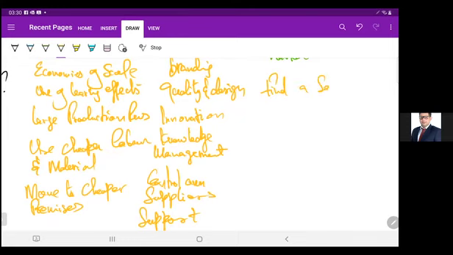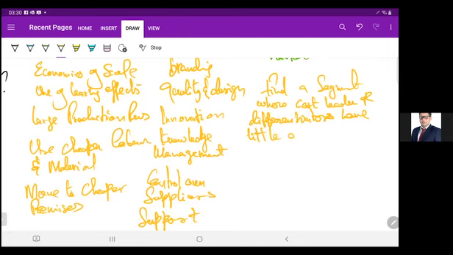Find a segment where cost leaders or differentiators have little or no presence, and build business here, right? Simple and easy.